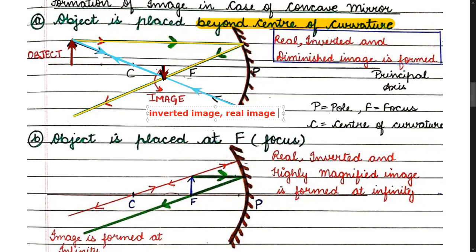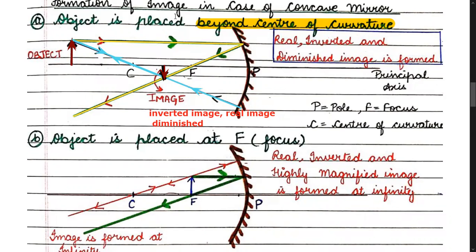And students, see the size of the object and the size of the image. Are the two sizes equal? The height of the object and the height of the image, are they equal? No, the image is smaller in size. So we say that the image formed is diminished or smaller in size as compared to that of the object.